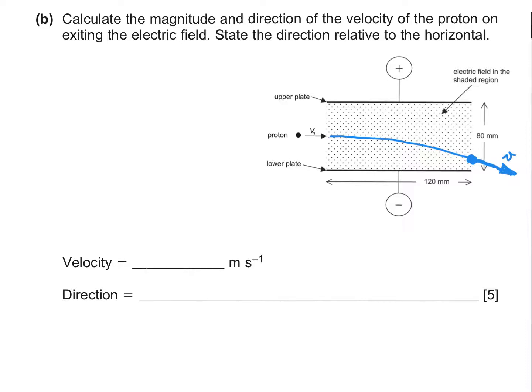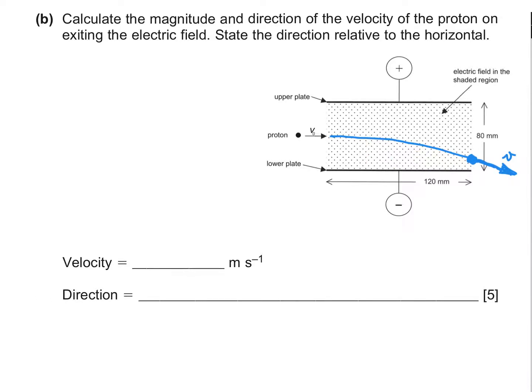Now, how does this final velocity come about? Remember, this is like a projectiles problem. We have a constant downward force on this proton because we have a uniform field. So it continues to have its horizontal velocity because there's no force in the horizontal direction, and it gets a vertical velocity.